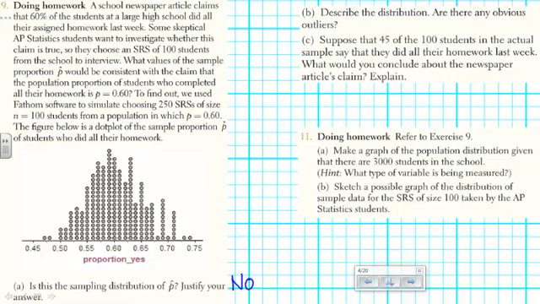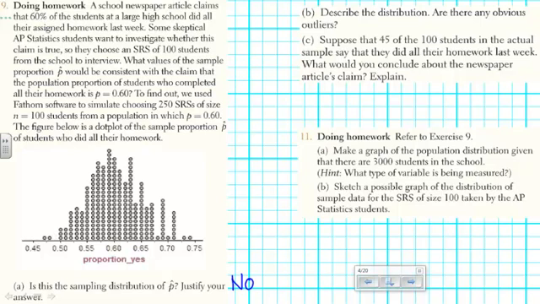Answer, the word all. Our definition of a sampling distribution is the distribution of all the different values a statistic can take on from every possible sample. Did they do every possible sample? They did a lot. They did 250 samples, but is that all possible samples? Answer is no. So is this a sampling distribution? No, but it's a good guess at what the sampling distribution would start to look like.